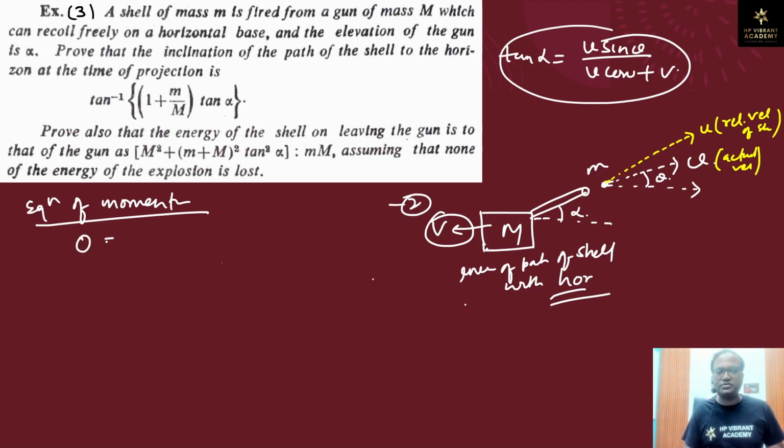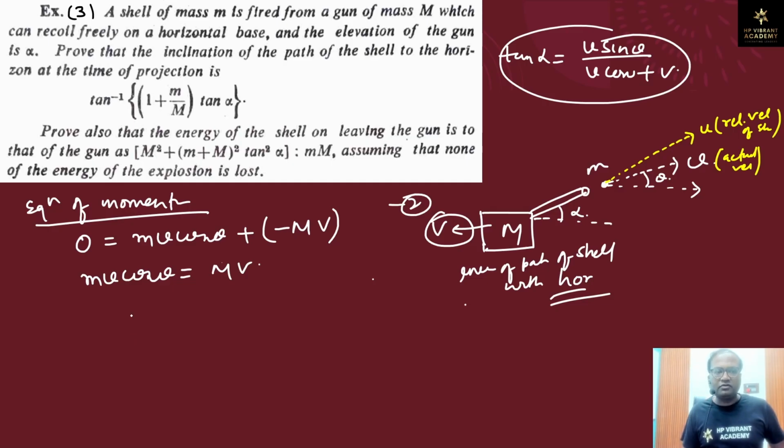So we have 0 is equal to small m into small v cos theta minus capital M into capital V. So we have small m small v cos theta is equal to capital M V.